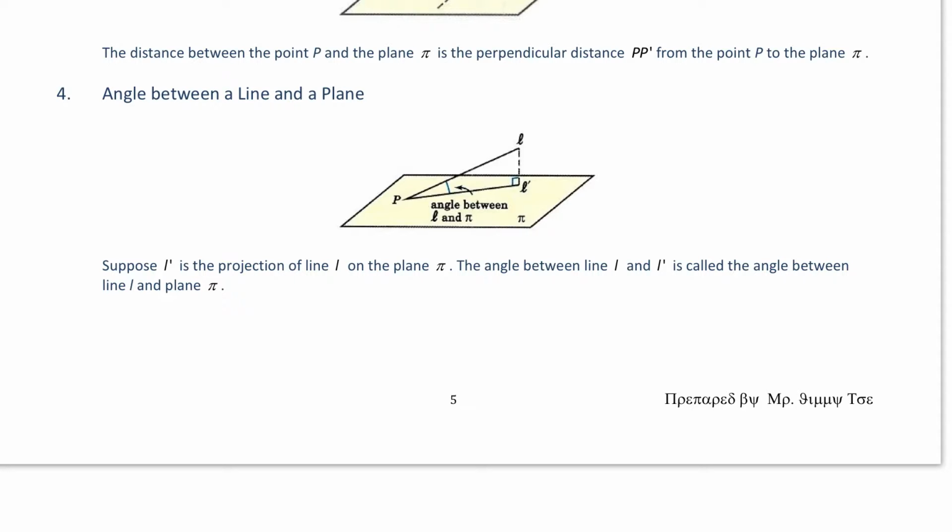And the definition of the angle between the straight line L and pi is the angle between these two straight lines, L and L pi. We can reduce from the angle to a plane to the angle between two straight lines. So this angle is the angle between line and plane.